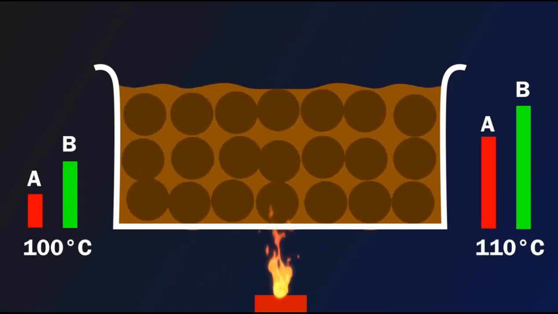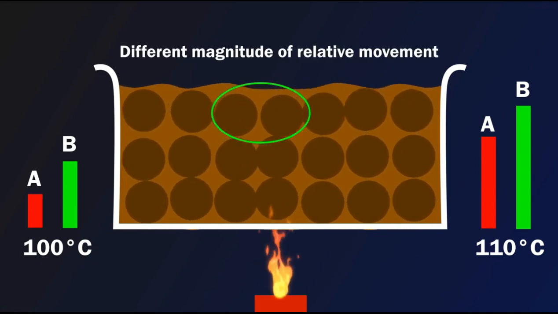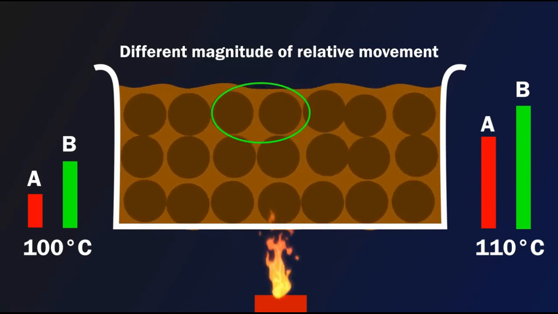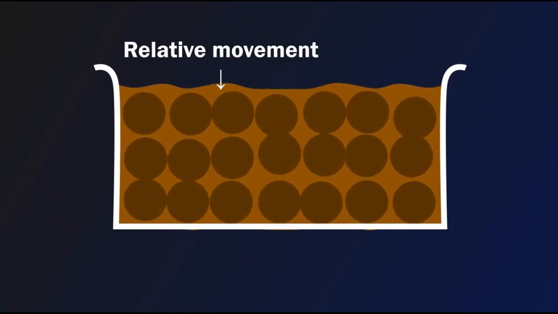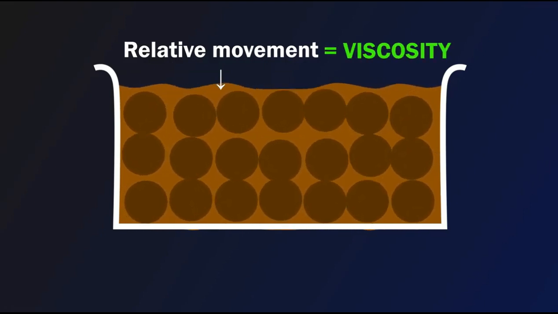For a given temperature, different liquids showcase different magnitudes of relative movement between molecules. This relative movement is measured in terms of a physical quantity called viscosity.